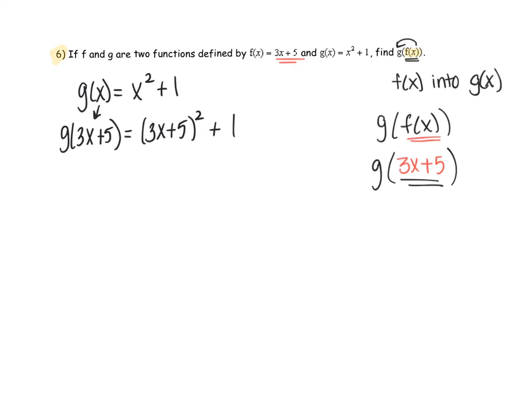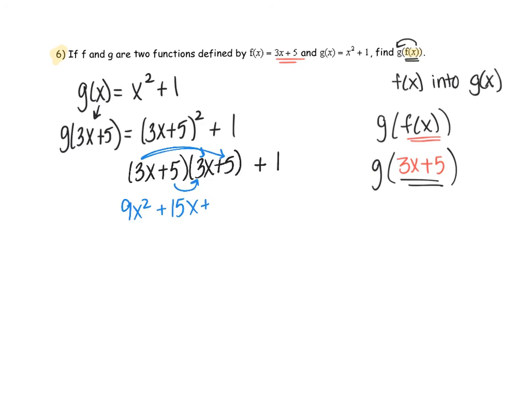Now you should remember that we cannot distribute this power. We actually have to write it twice and double distribute. So 3x plus 5 times 3x plus 5, and then plus 1. So I'm going to go ahead and do that math. 3x times 3x is 9x squared. 3x times 5 is 15x. 5 times 3x again is 15x.